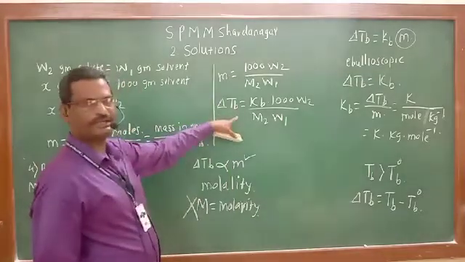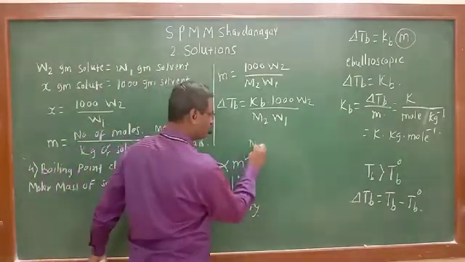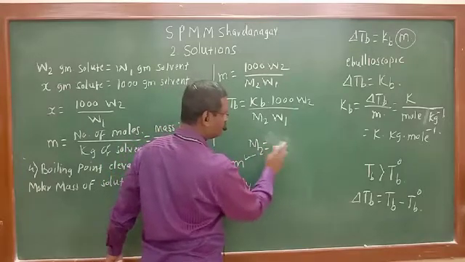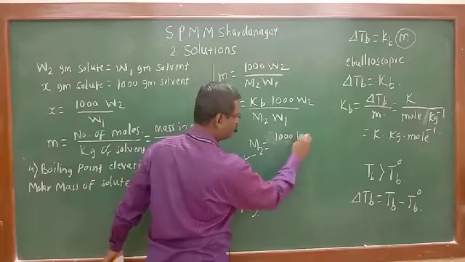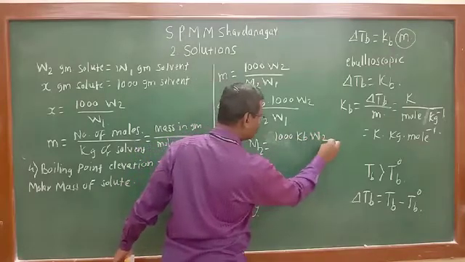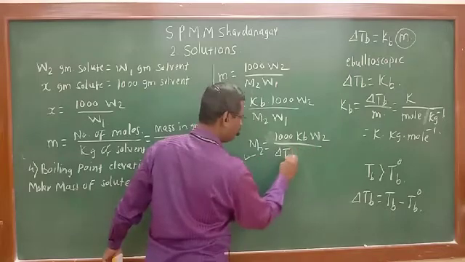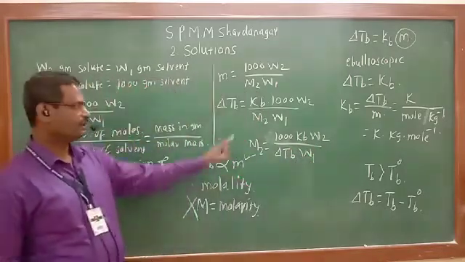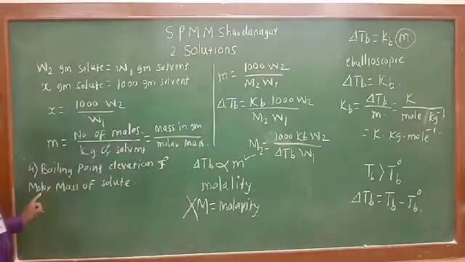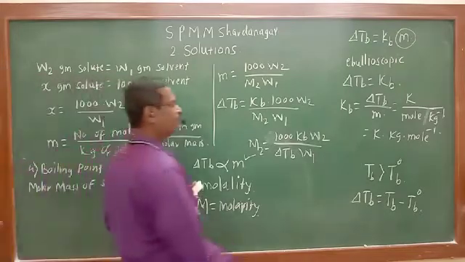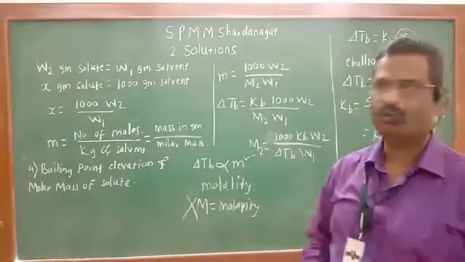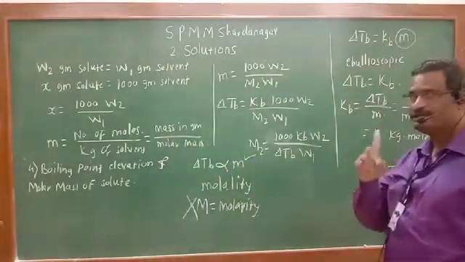Finally, we can write M2 as 1000 KB W2 divided by delta TB W1. This is the expression for the molar mass of solute. That is the ultimate aim of colligative properties: to calculate the molar mass of solute. See the expression once again.